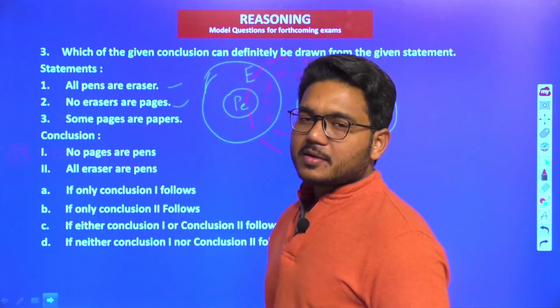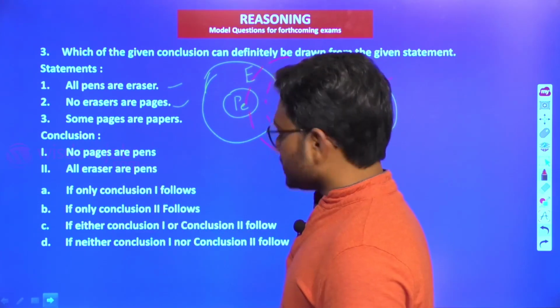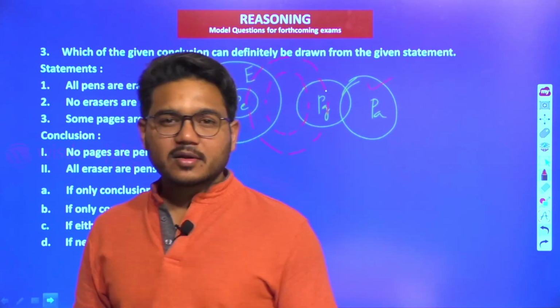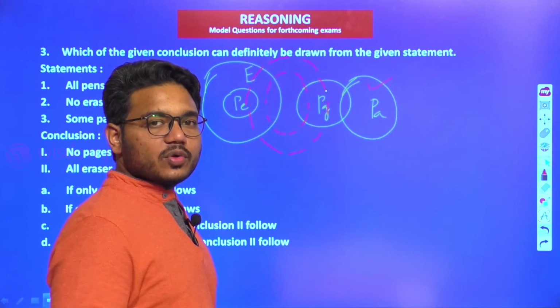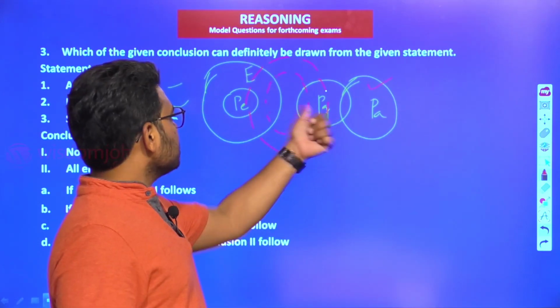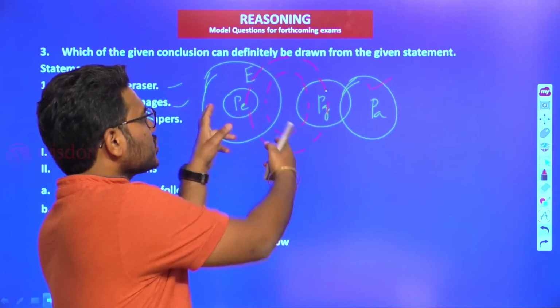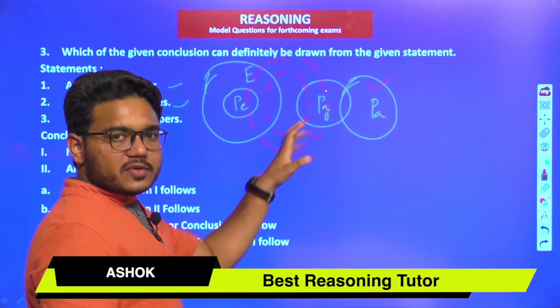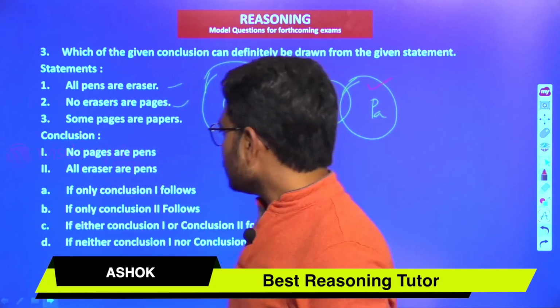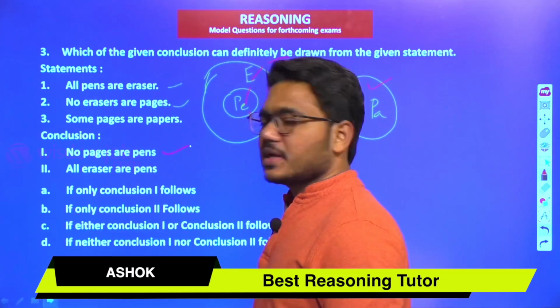No pages are pens. So where are they? No pages are pens. Is it so? Can we conclude that from our diagrams? No pages are pens. So there is no contact area between pages and pens. It is obvious from this figure that we can conclude the first one, isn't it?